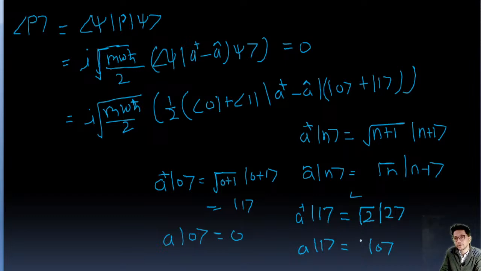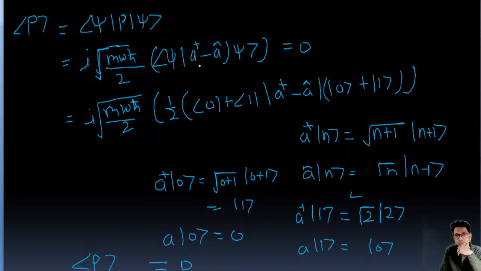Okay, so we'll operate a with this and a dagger with this, and after calculation this value is going to be 0. So the value of p, the expectation value of momentum, is 0. With a dagger and a, it is going to be 0. Okay, so this is the value.